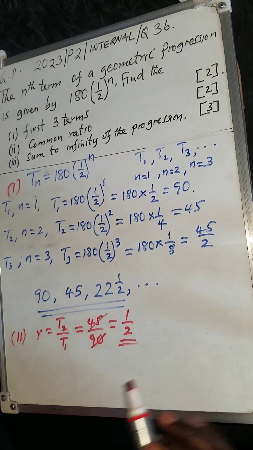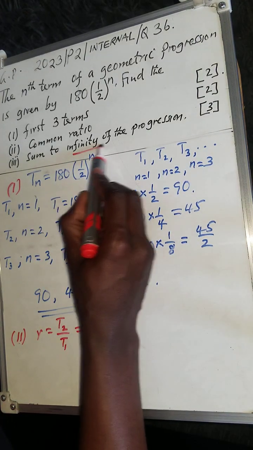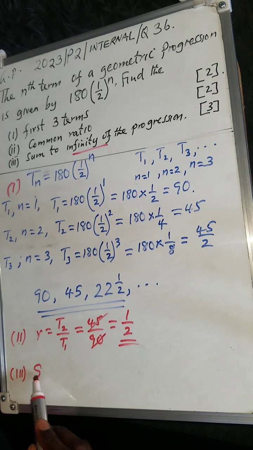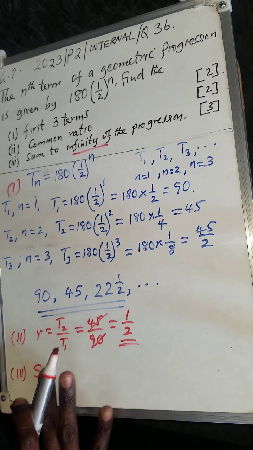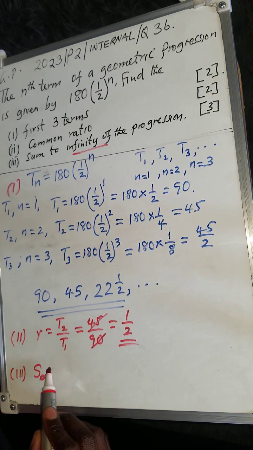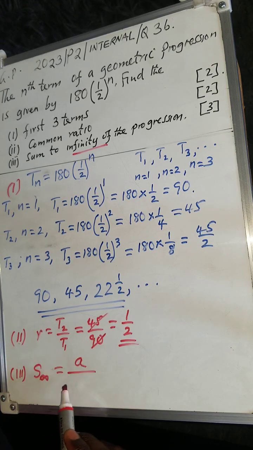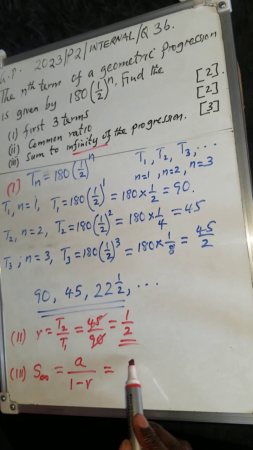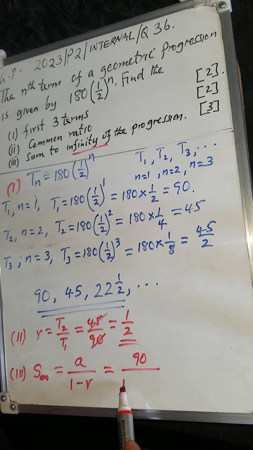Then we can conclude with the last one, the sum to infinity of the geometric progression. If you still remember the formula, the sum to infinity is equal to the first term over 1 minus the common ratio. So the first term, we know it is 90, over 1 minus the common ratio, which is 1 over 2.